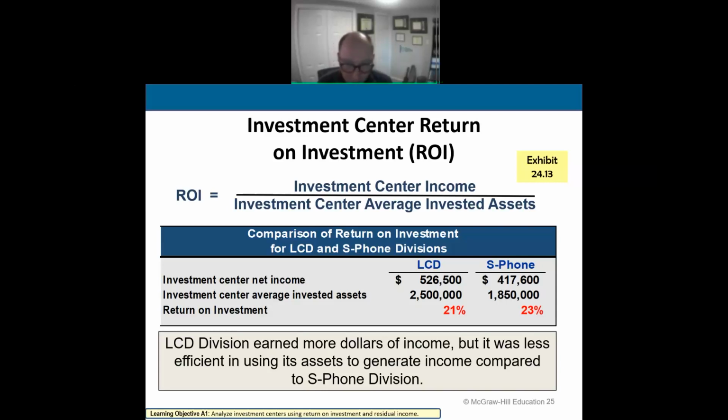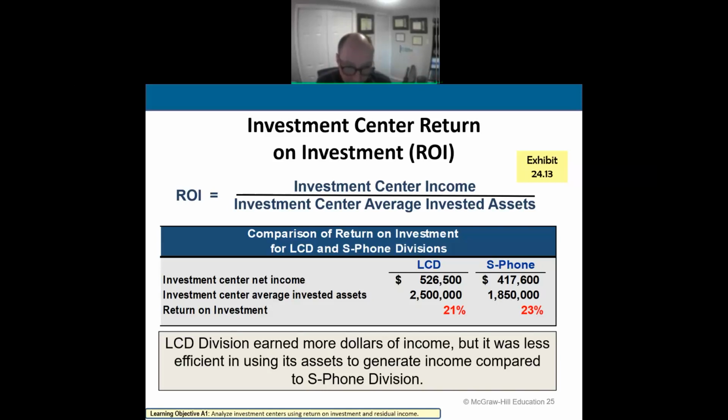In the example of our television, $526,500 divided by $2.5 million, that's 21% ROI. For the phones, it's 23%, $417,600 divided by $1.850 million. 23%.